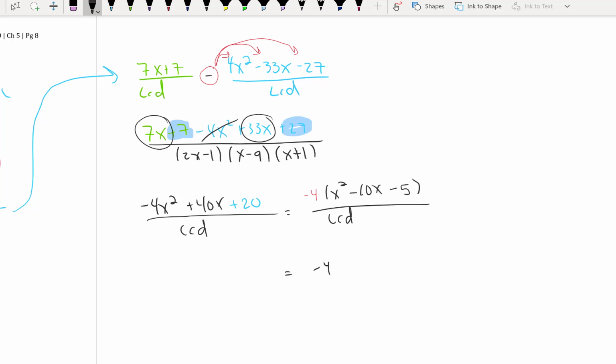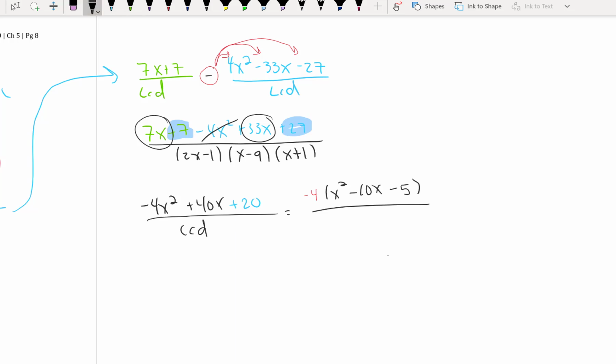So I have a negative 4. And can that factor any further here? Let's see. No, that's as far as I can go.